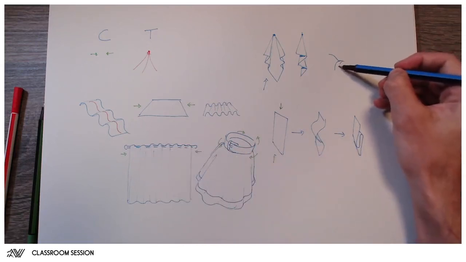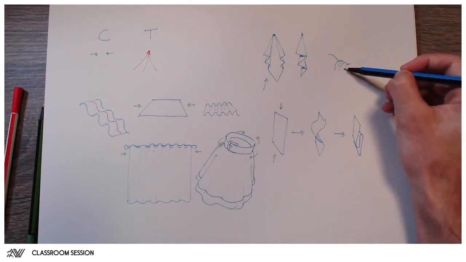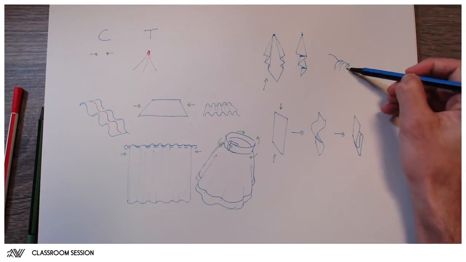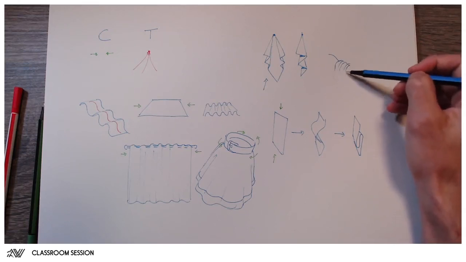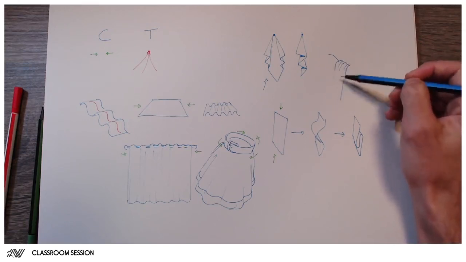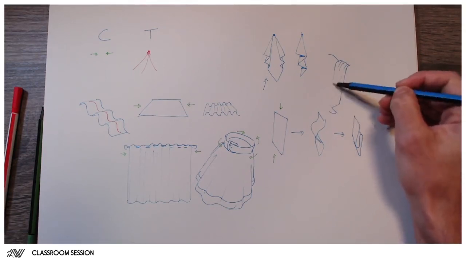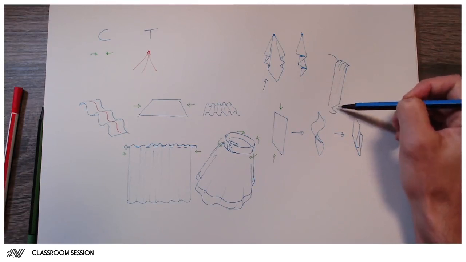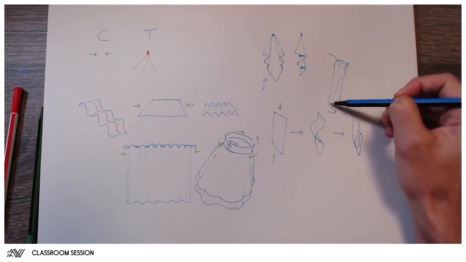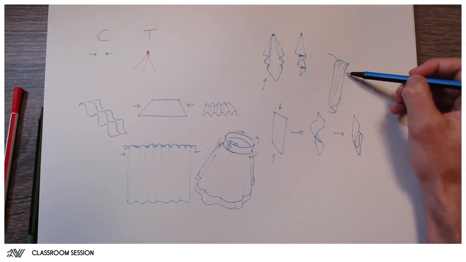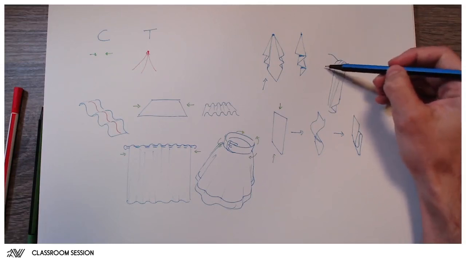So we would have these pipe folds happening. And then that would droop down and then fold onto itself, right? And go towards that point of tension.